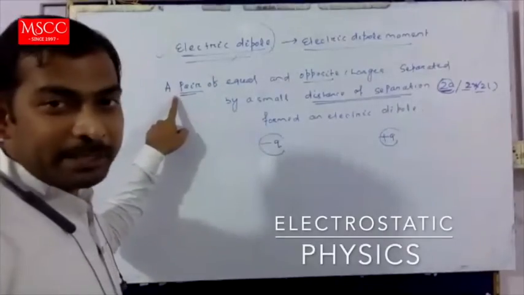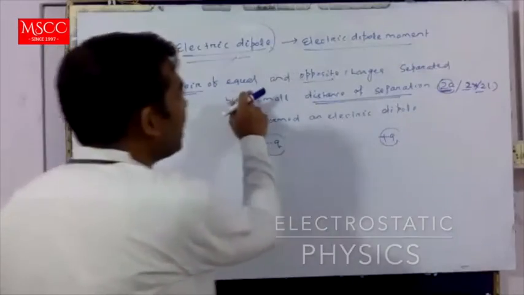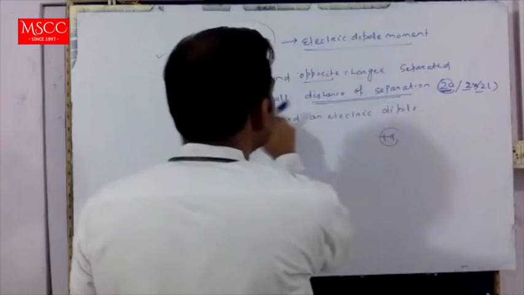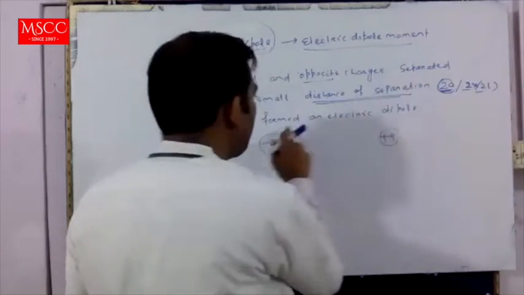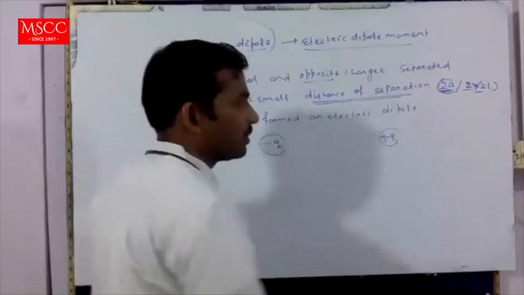Definition again: a pair of equal and opposite charges separated by a small distance of separation forms an electric dipole.